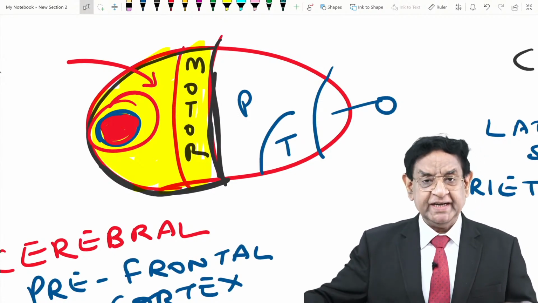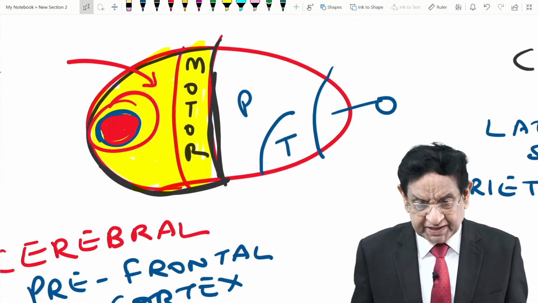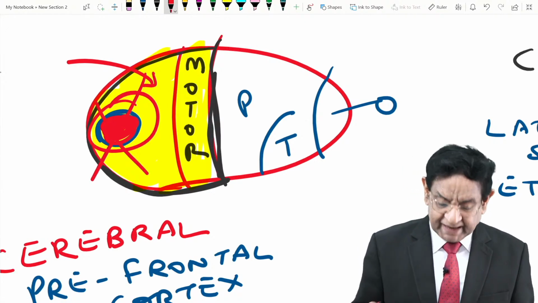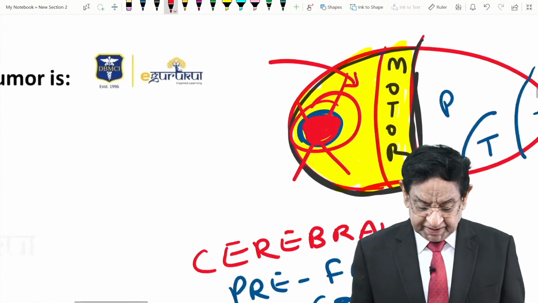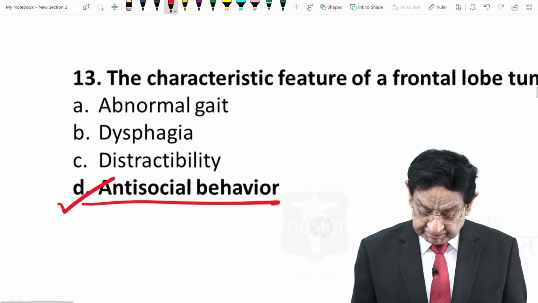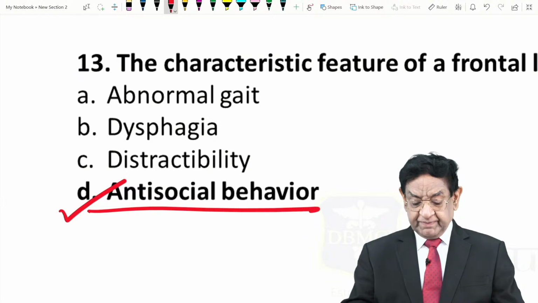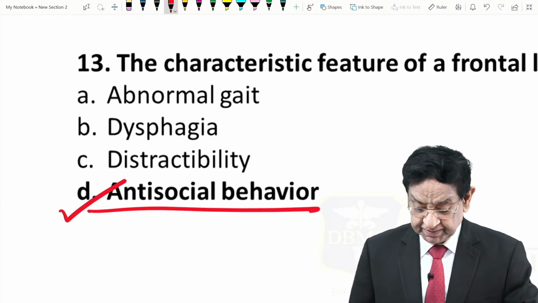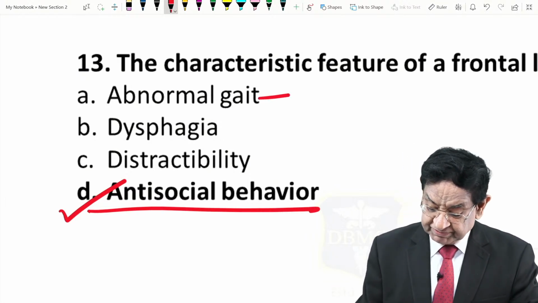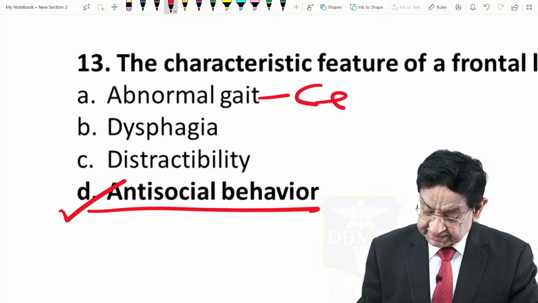So definitely now we go to the pathology and psychiatry aspect. If this is damaged due to any reason, the patient will have antisocial behavior. Okay. And this will be seen in cerebellar disease.